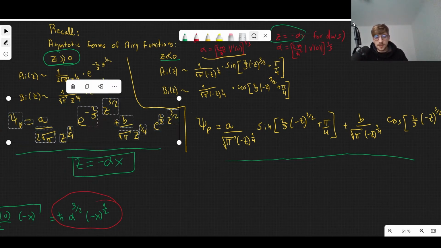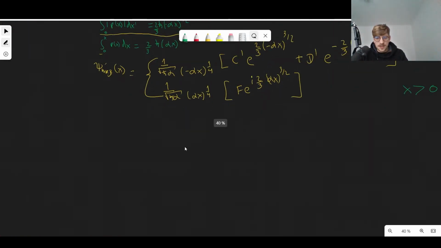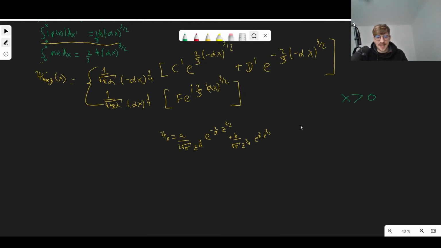Okay, so let's copy this quickly and take it to the side, and the procedure is going to be the same as what we had before. So this is for z positive, which means x negative. So we have to compare this with this part right there. Let's begin with the positive exponent. So what we get is that c prime divided by the square root of h bar alpha, times minus alpha x to the 1/4, is equal to, and by the way, just keep in mind that z is minus alpha x, so don't get scared that there's a minus sign here and not down there, b over the square root of pi times z, which is minus alpha x to the 1/4.